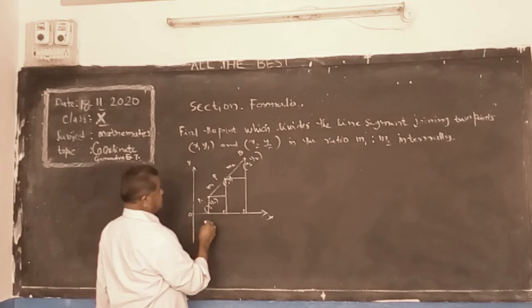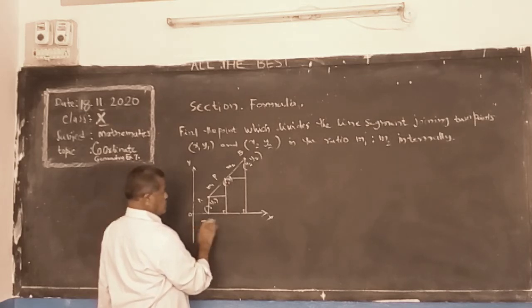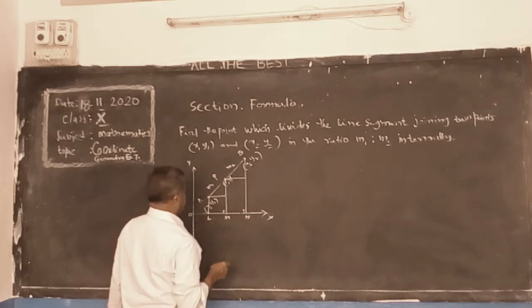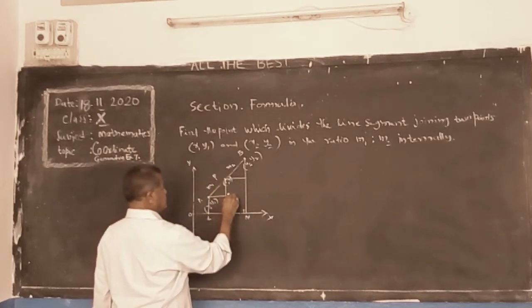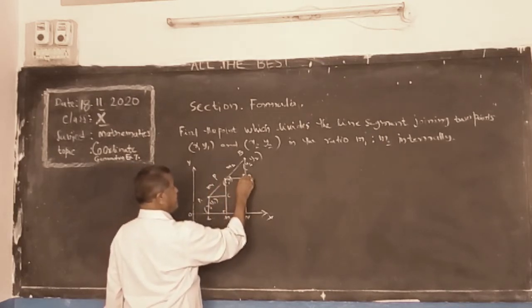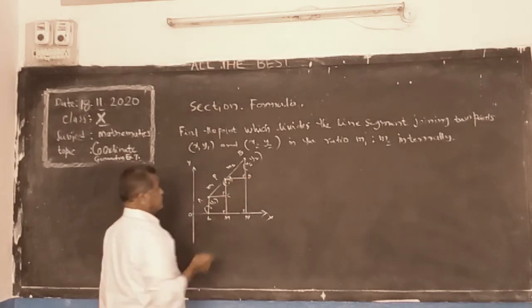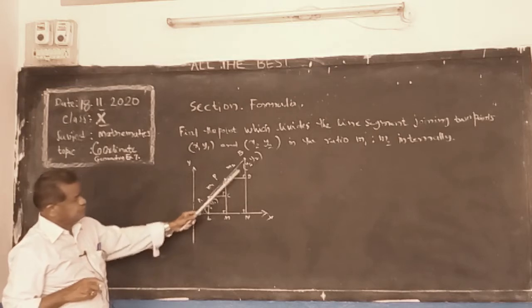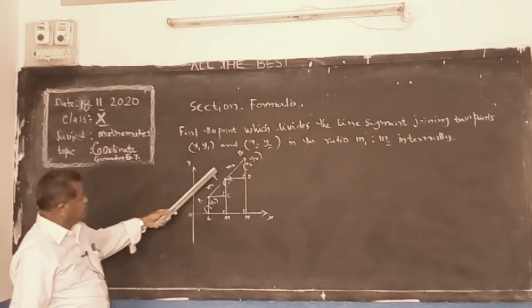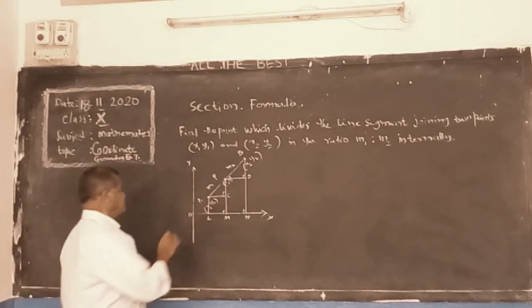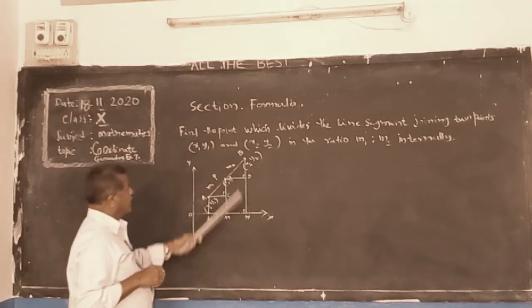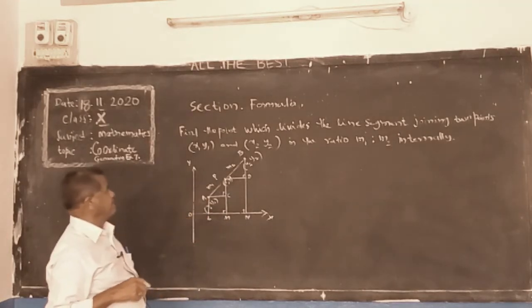Let us take L, M, N, and here C and D. Okay, these are perpendiculars. We get here two triangles, triangle PAC and triangle BPD.